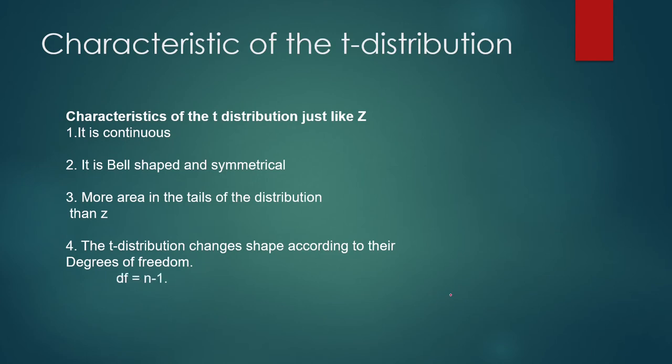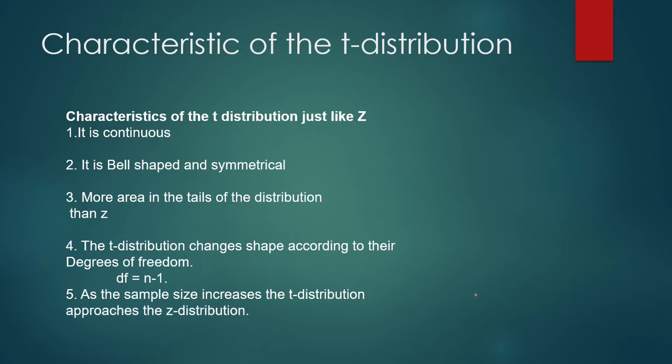And the degrees of freedom is calculated by the sample size minus 1. As the sample size increases, the T distribution approaches the Z distribution. Remember, the T distribution is an approximation for the Z distribution.